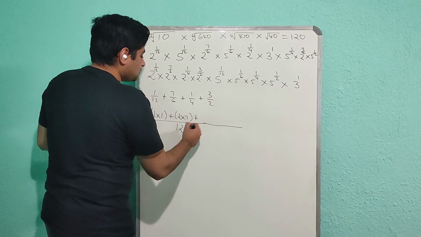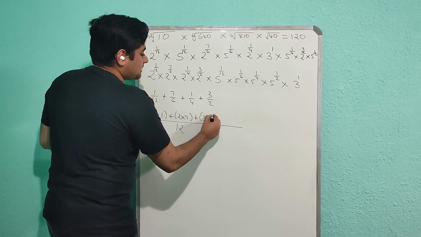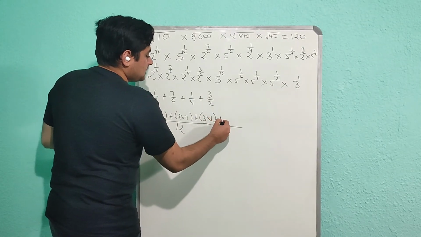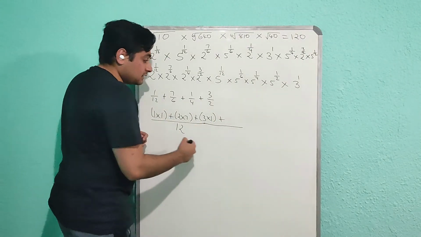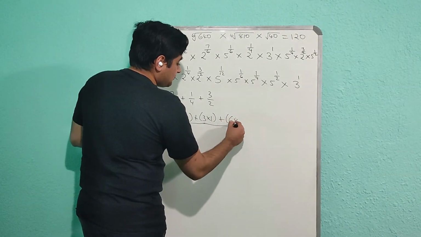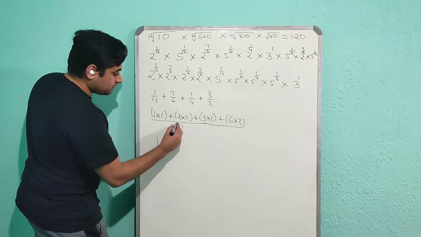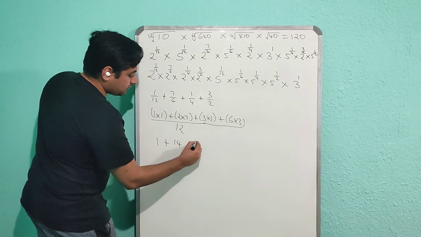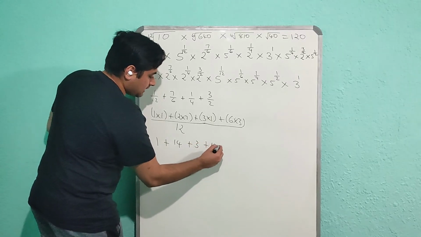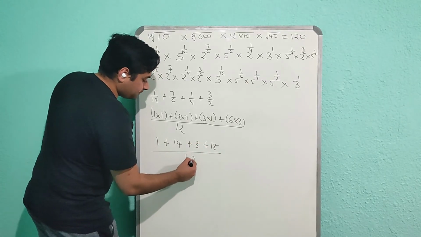Now 4 can go into 12 3 times, so 3 times 1, which is the numerator, plus 2 can go into 12 6 times, 6 times the numerator is 3. So if you simplify further, we got 1 plus 14 plus 3 plus 18 all over 12.